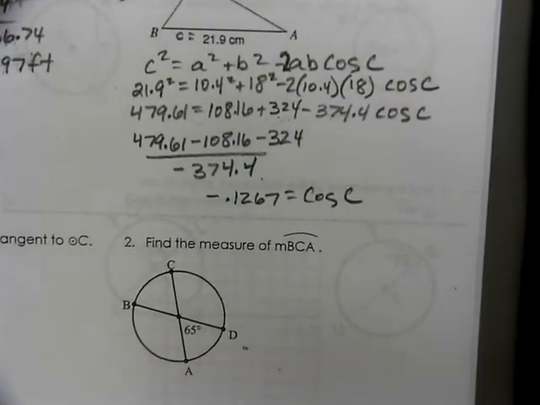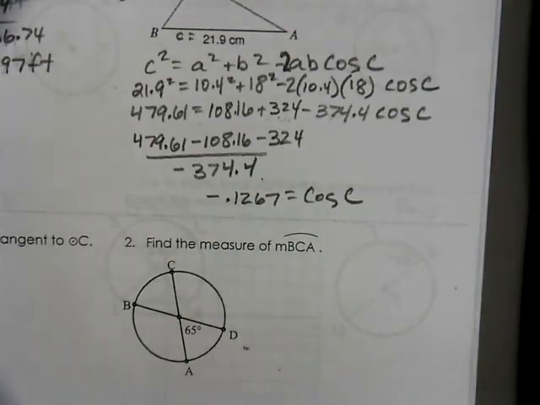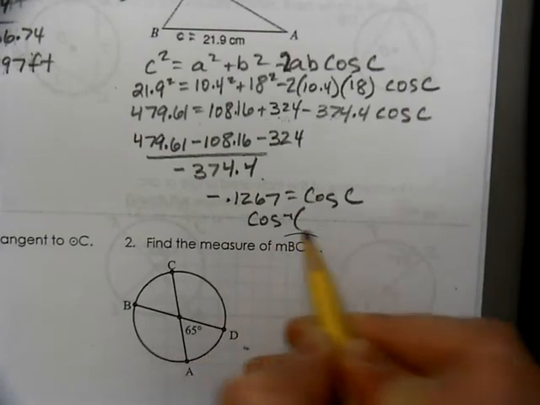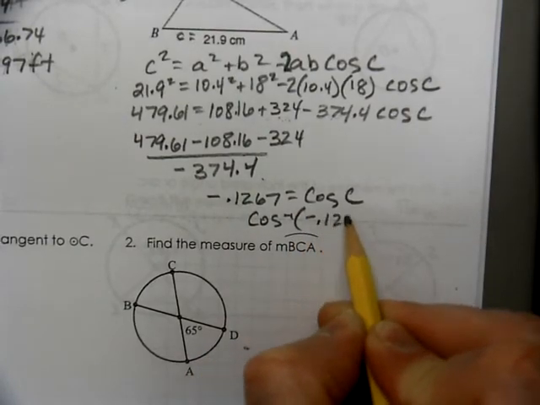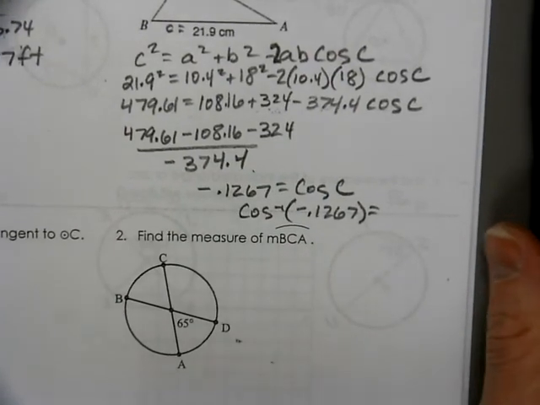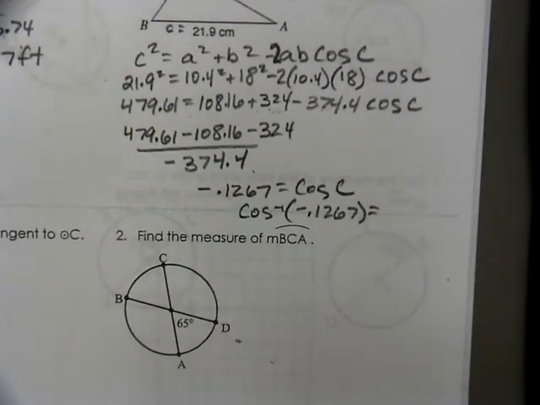Now, of course, the cosine has to be less than 1, greater than negative 1, and that's what we have. So for us to figure out exactly what the angle measure is, we're going to take the inverse. And because cosine is a negative, that tells us that it's an obtuse angle.